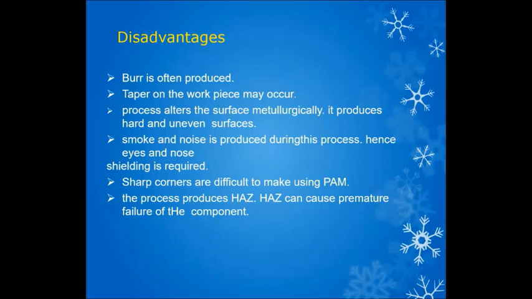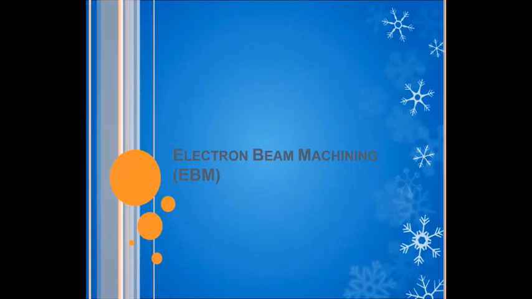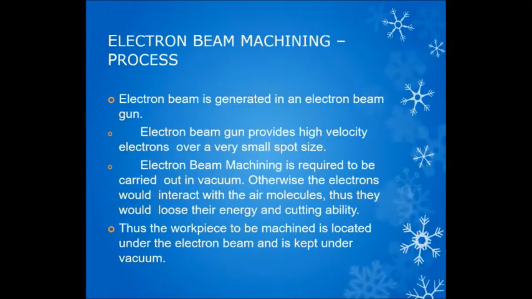The next unconventional machining process is electron beam machining. With the help of the electron beam, we can remove the excess material from what we have designed.